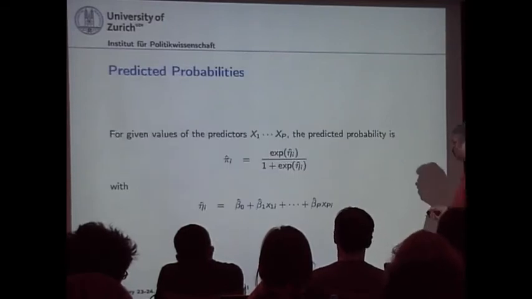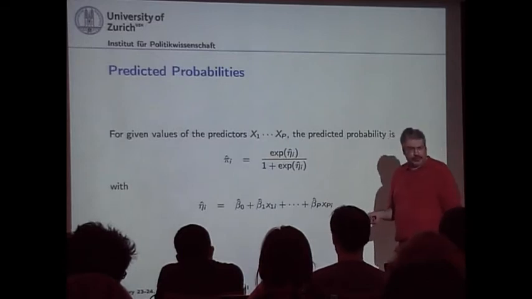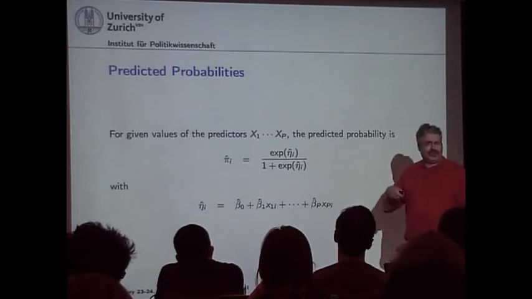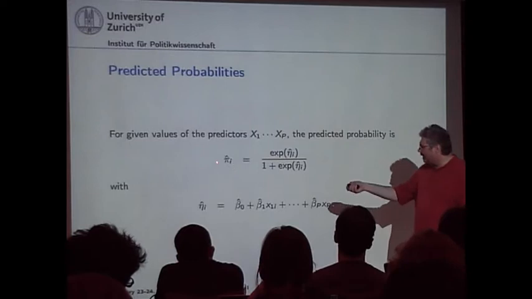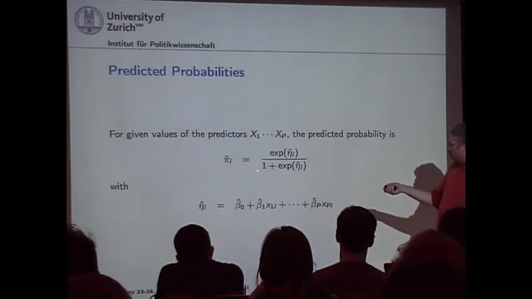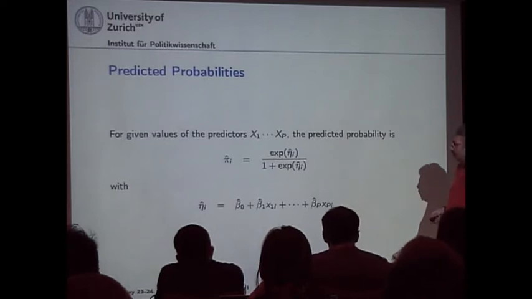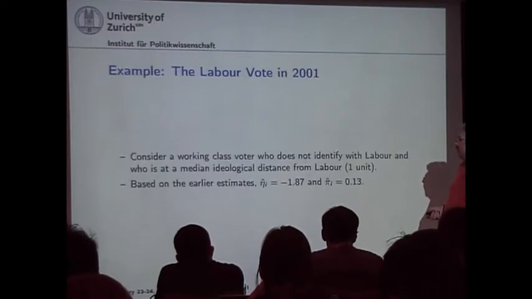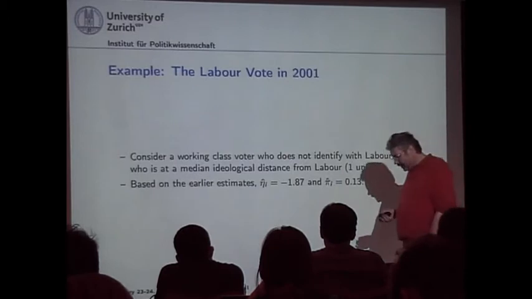What we essentially would do is that, of course, we don't know the betas, we just have estimates of them, so we end up having estimated predicted probabilities, but we can compute them this way here. And so here's an example.